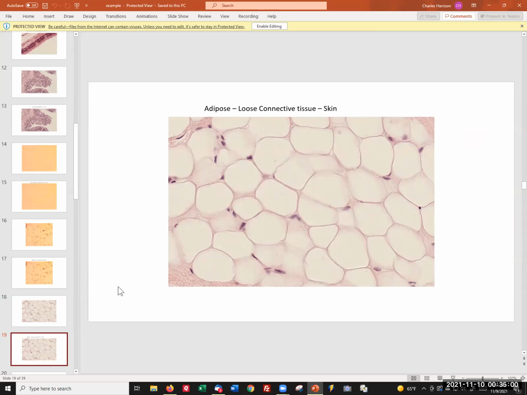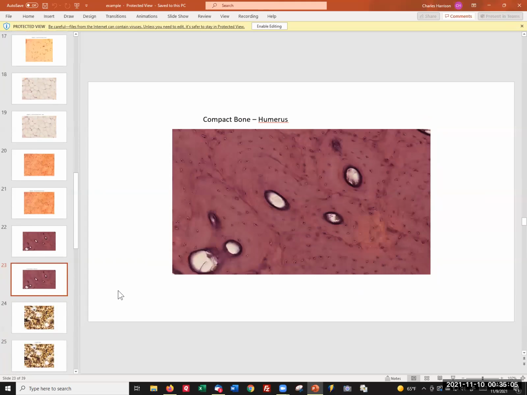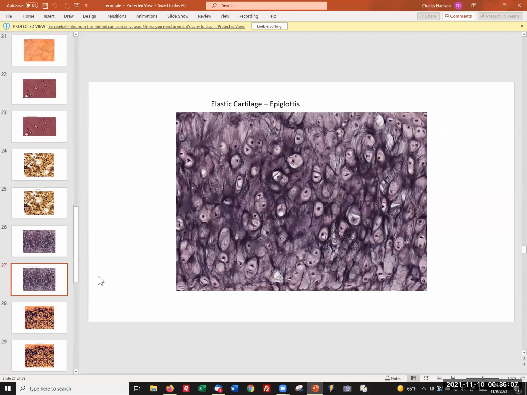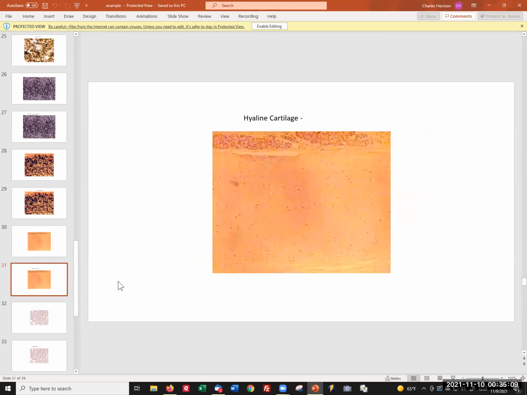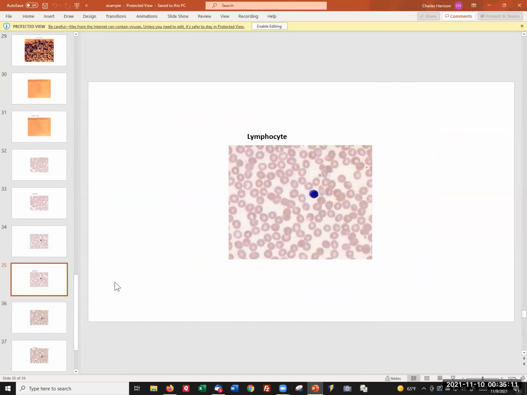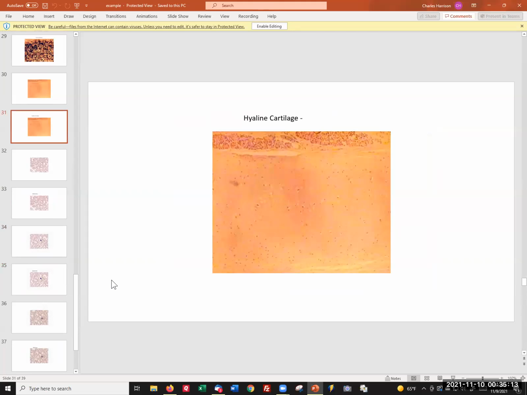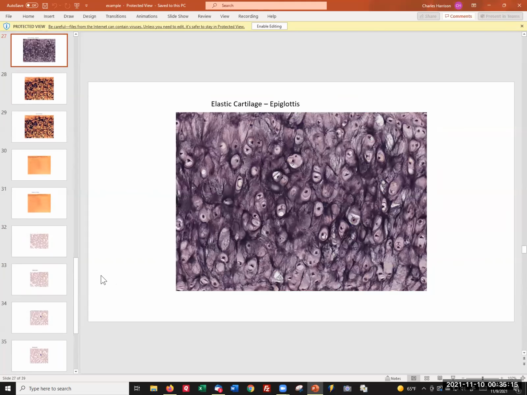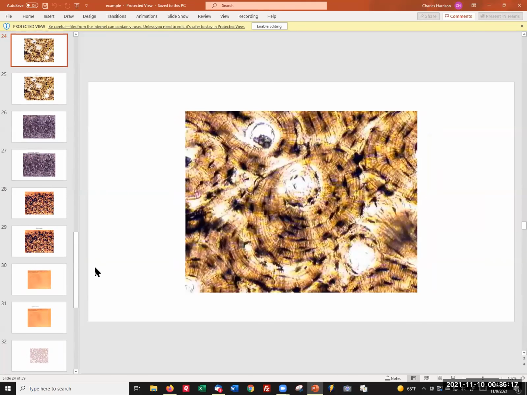It's a loose connective tissue called, of course, adipose. This one is the compact bone. Go next, and it just simply names it.